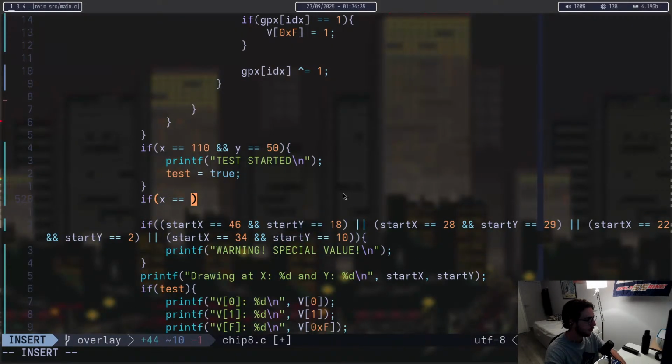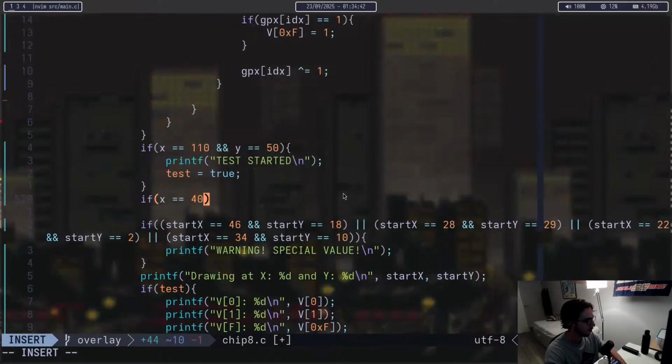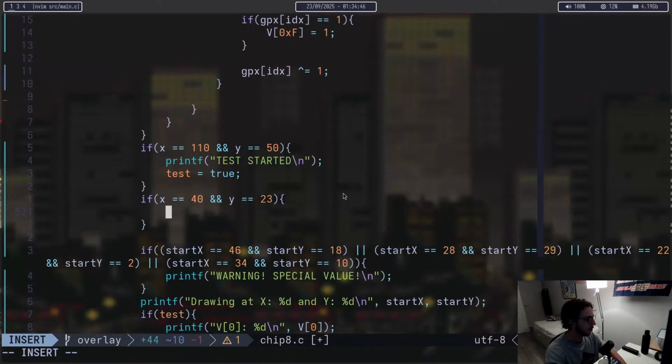What if x equals... We said that it was 40 and 23. Then we set test to false.